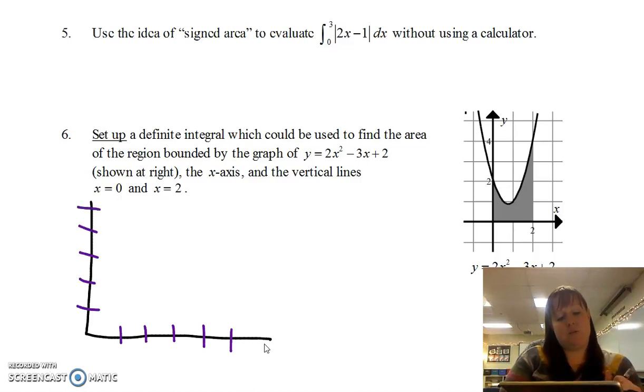The vertex of this one is at 1/2, 0, because the function is equal to 0 at 1/2. And when x equals 0, y equals 1. And when x equals 3, y equals 5.